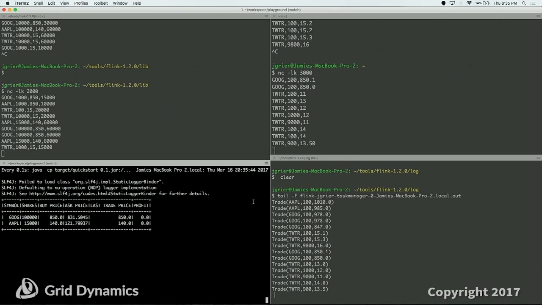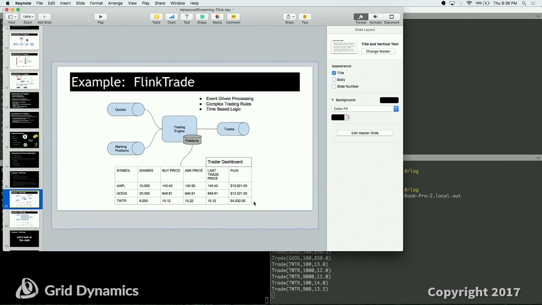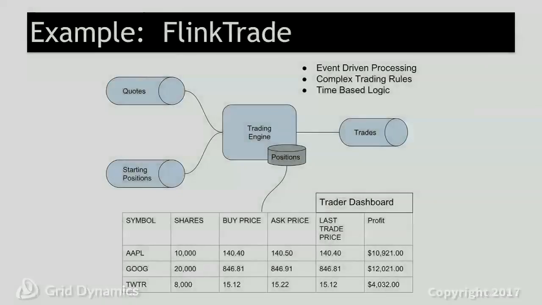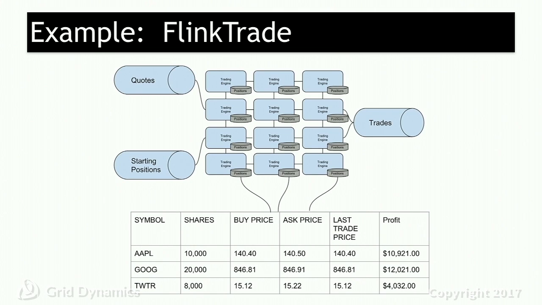A million plus what? Events. Yeah, but those aren't connections. So these are just instances of that trading engine running on a bunch of machines, and you partition all the data by key, so it's like data parallel.